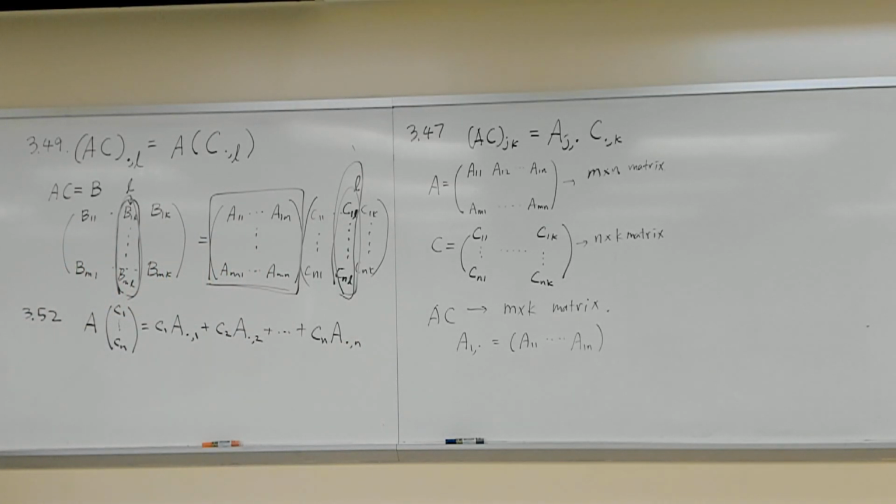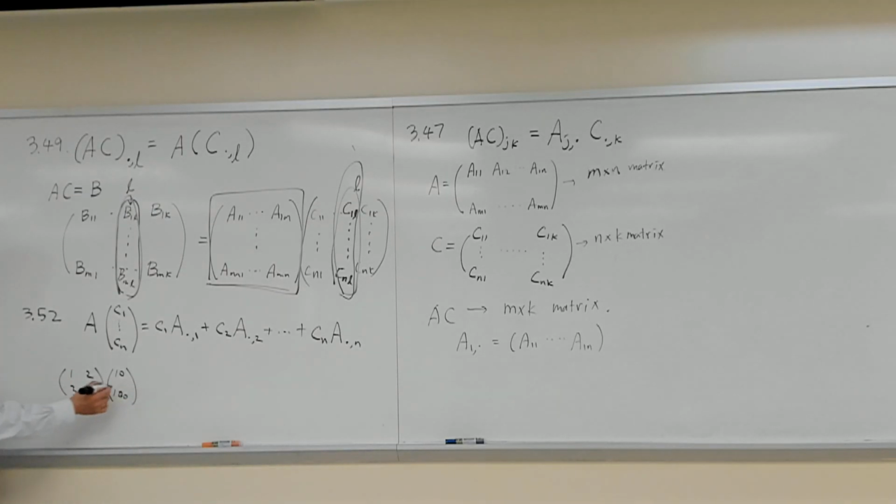You probably have seen this before, like say you have the matrix 1, 2, 3, 4, and you multiply it by the vector 10 and 100.